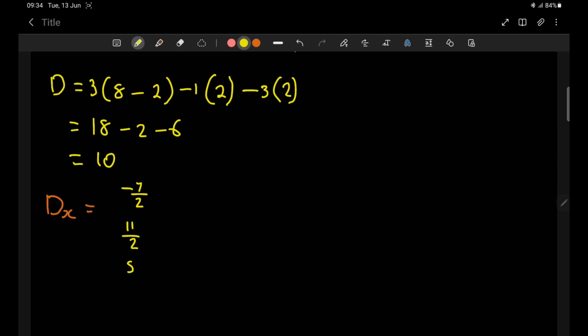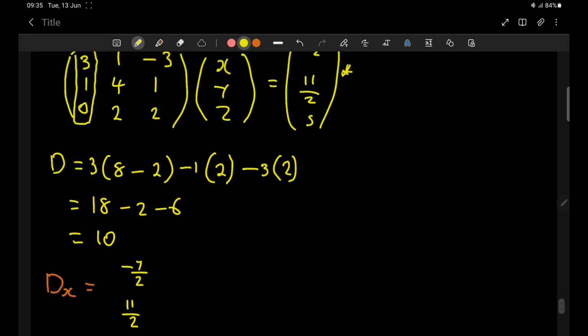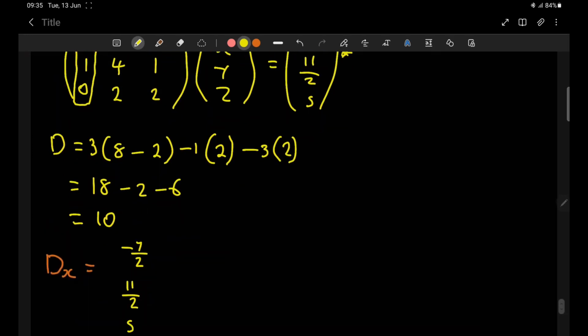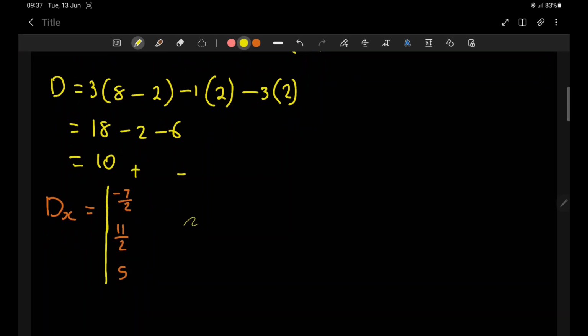Then we maintain the rest of the elements, so that is 1, 4, 2, negative 3, 1, 2. Then we find the determinant for this matrix.